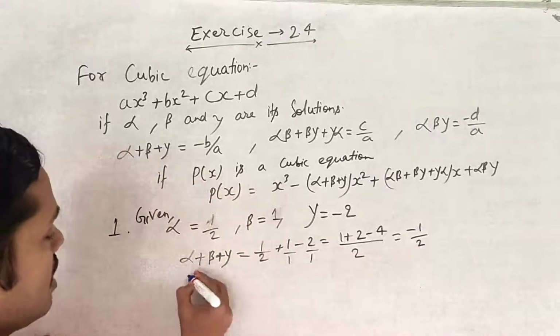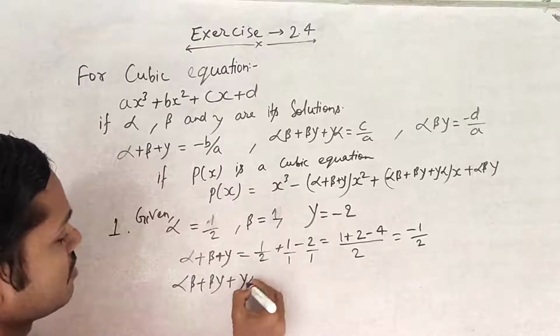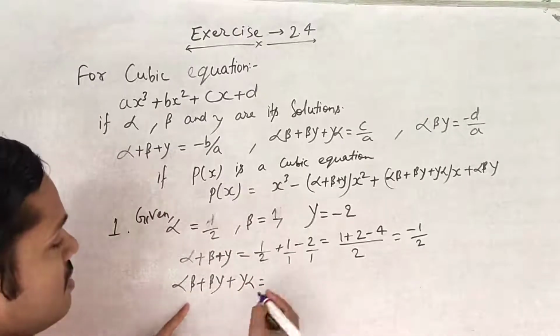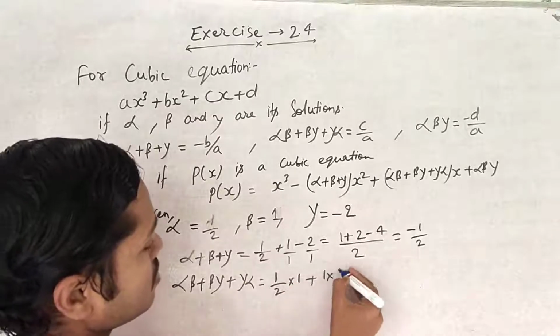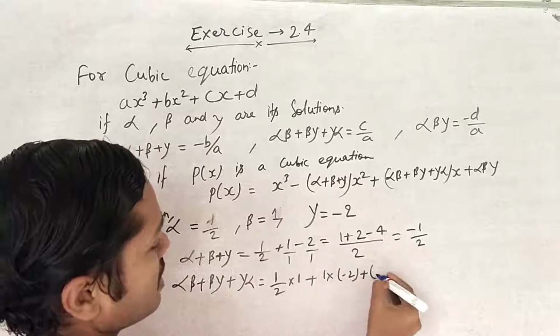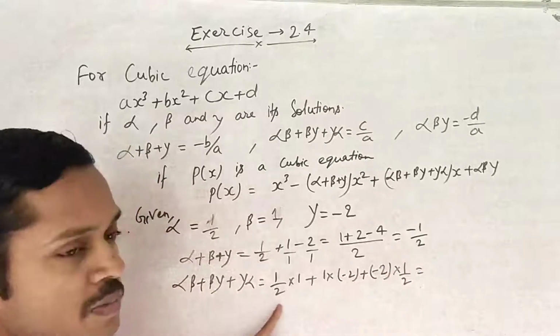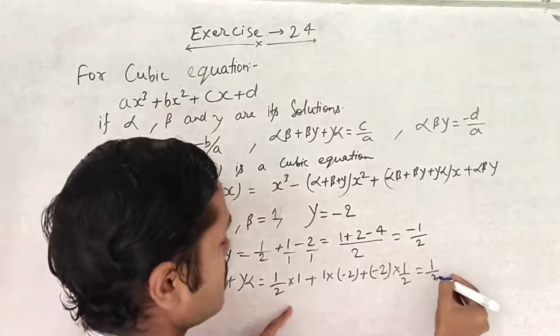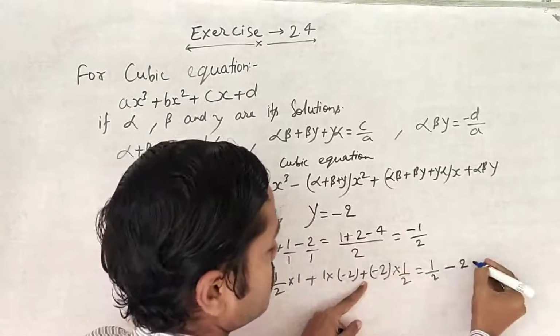Clear? Now look at alpha beta plus beta gamma plus gamma alpha. Alpha beta is equal to 1 by 2 into 1, plus 1 into minus 2, plus minus 2 into 1 by 2. Look at there, 1 by 2, then 1 by 2 minus 2, the 2s cancel, minus 1.